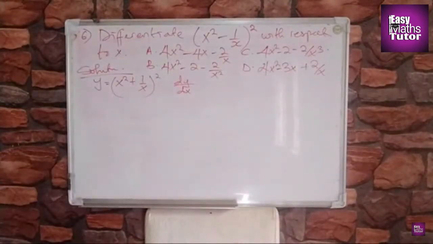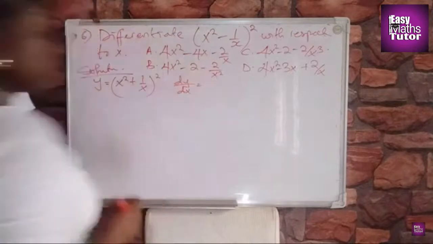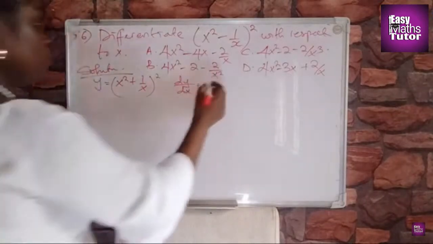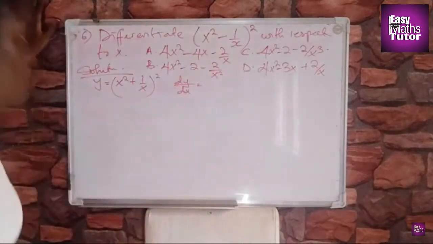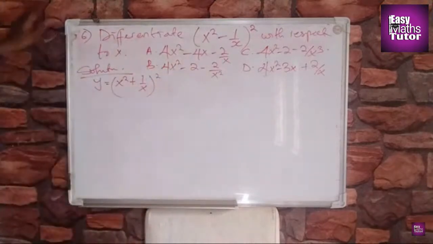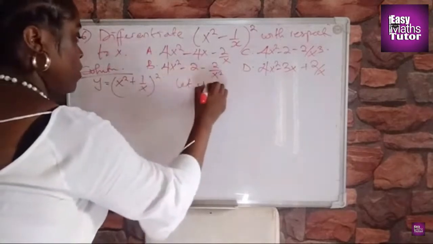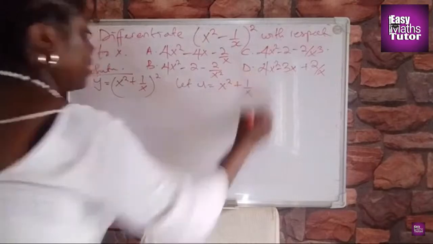So we will call the inner function u, right? The inner function, we'll call it u, and the outer function, we'll call it v. So we'll say, let u be equal to x squared plus 1 over x.